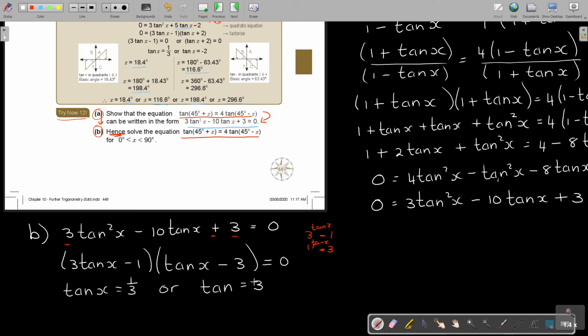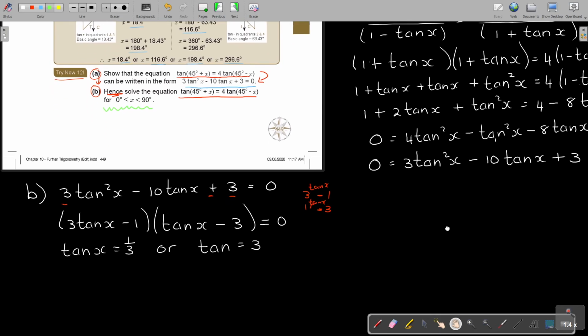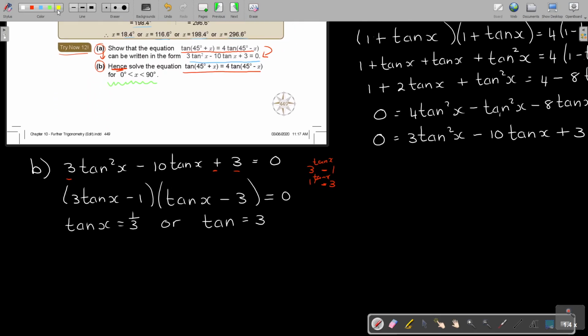And again, they said, okay, and it's very, very important. If you come to this step, I showed you in the previous video, look up, just go to the question again. And they said x is just bigger than 0 and smaller than 90. That means that both will have a CAST diagram, and I'm going to show it now in this case here.